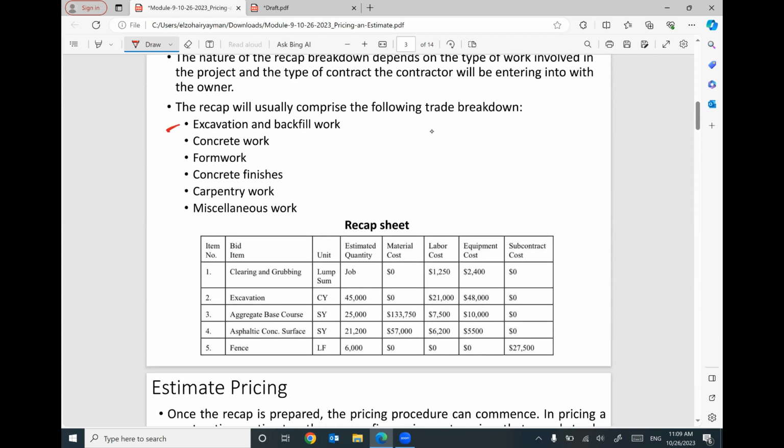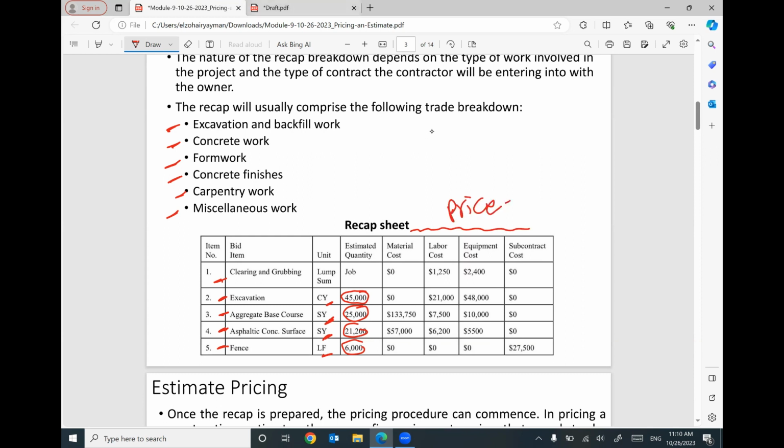You have to consider every single activity in your project, the quantity take-off that you did in stage number 1, and the unit used. Sometimes cubic yard, square feet, linear feet, whatever. Then I will put here the price.